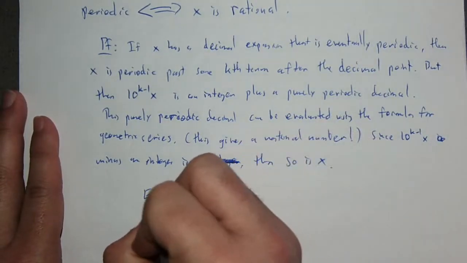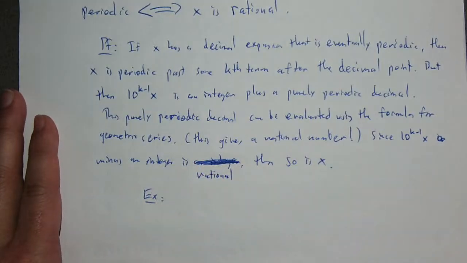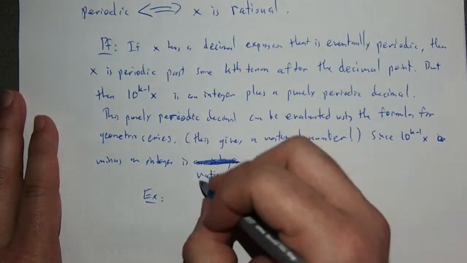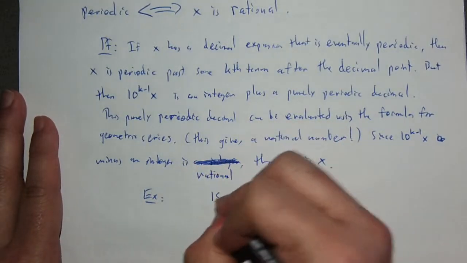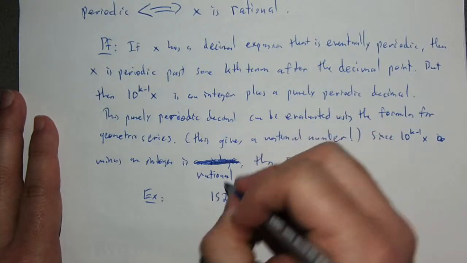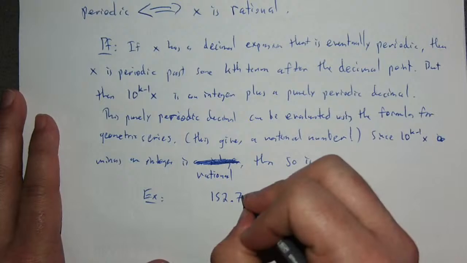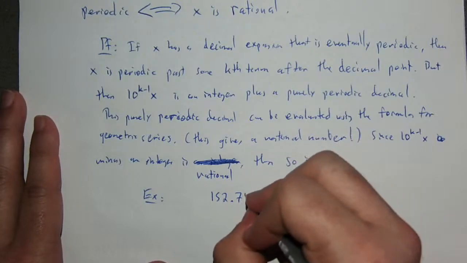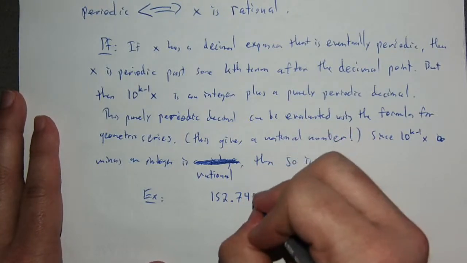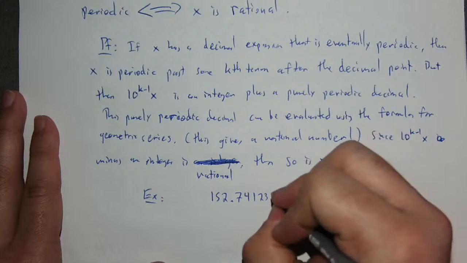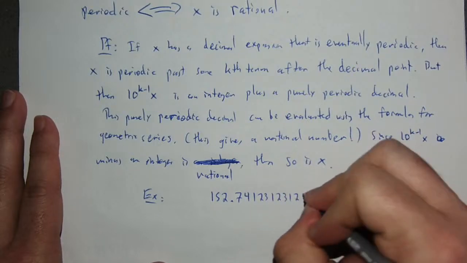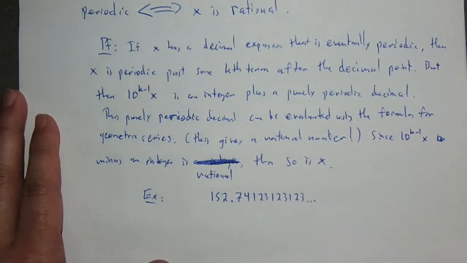So to see an example of how you do this, say that you start with the number 154.74123123123, and so on after that.